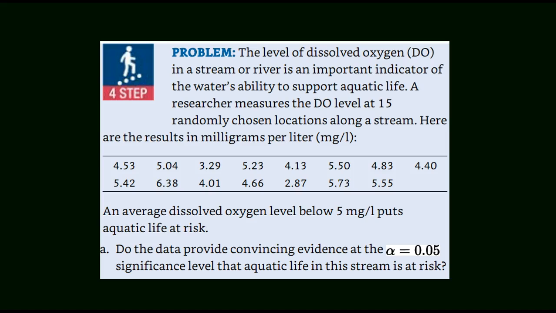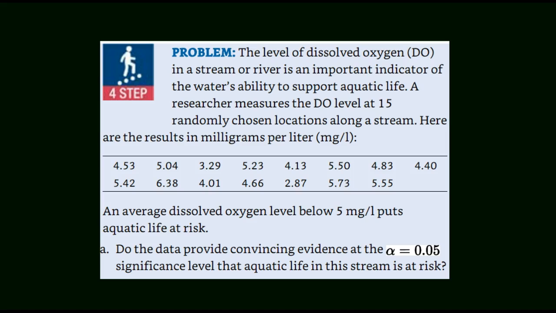We have a sample set of data here. The level of dissolved oxygen in a stream or river is an important indicator of the water's ability to support aquatic life. A researcher measures the dissolved oxygen level at 15 different locations along a stream. Here are the results in milligrams per liter.